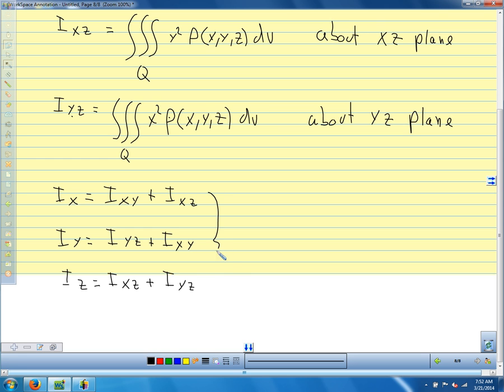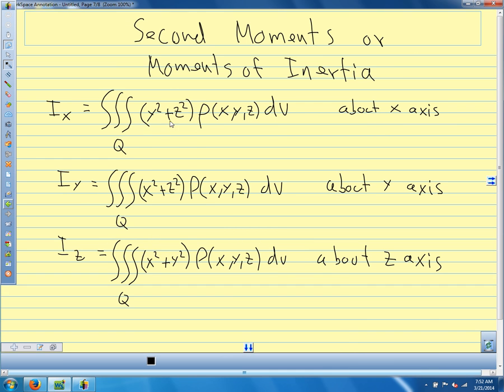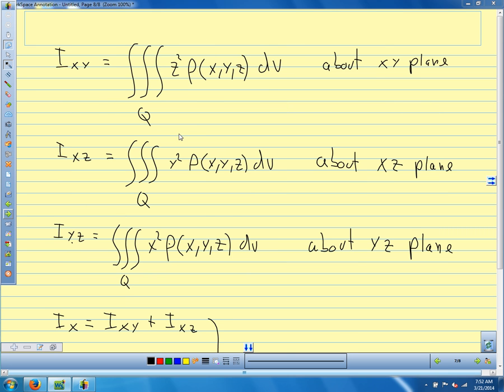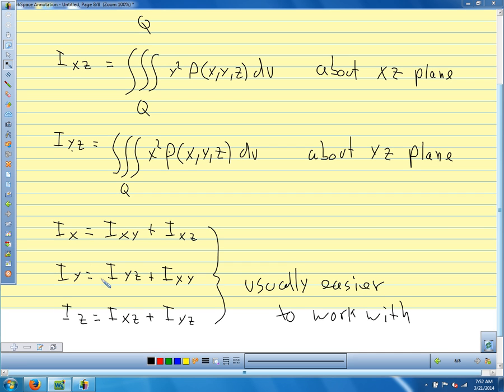These are usually going to be easier to calculate, because evaluating these integrals with the sums can be more difficult than evaluating each of these individually and then using those to find your moments about the axis.